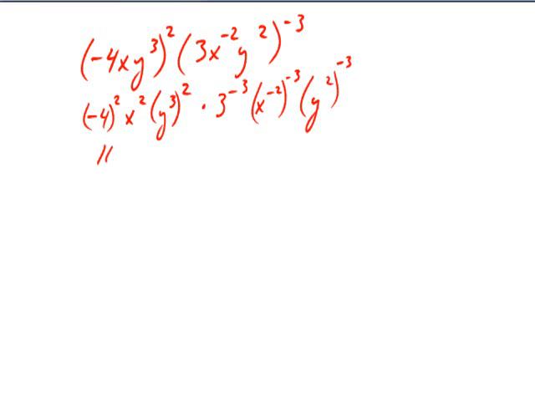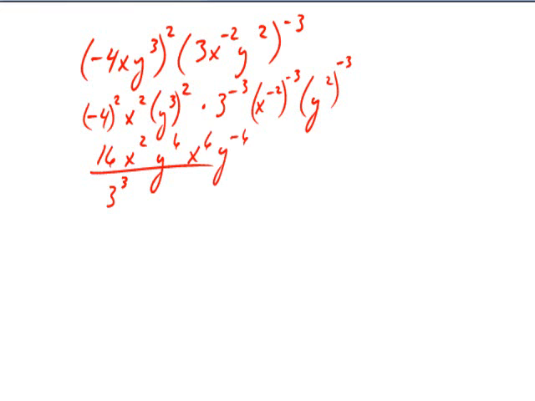Negative 4 quantity squared is positive 16. I'll leave x squared alone for now. Y cubed raised to the second power is y to the sixth. I'll move 3 to the negative third to the denominator as 3 to the third. X to the negative second raised to the negative third is x to the sixth. And y squared to the negative third is y to the negative sixth.